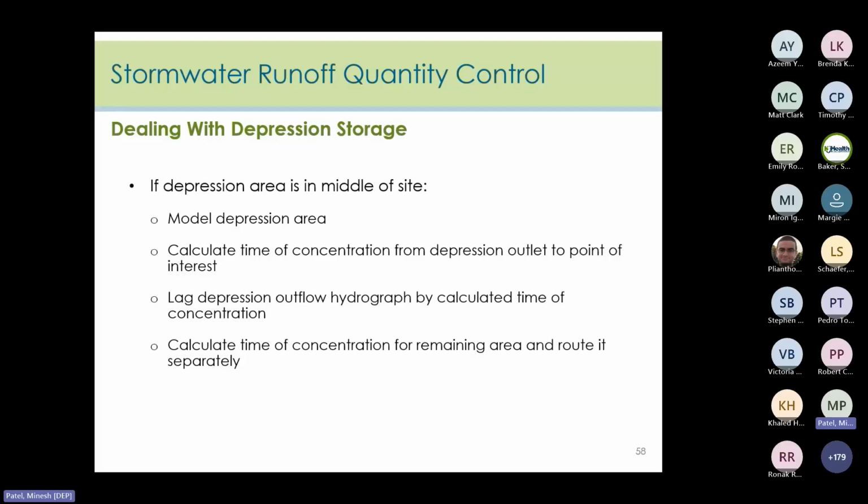So in HydroCAD, for example, you can place a link between the depression/pond and the point of analysis. And in this link, you can add a lag time. That lag time will be the time of concentration that you calculated from the depression outlet to the point of analysis. So basically shifting the time of the hydrograph to the right to account for that travel time.